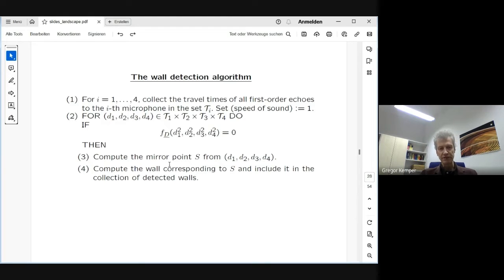And then the rest of the algorithm is, as I said, elementary geometry. From these distances, under the assumption that they come from the same point, you can compute this point, and then since you also know where the loudspeaker is or was, you can, from that point, compute the wall, which is what people really wanted to do. Okay, so this is how you can do the echo matching.